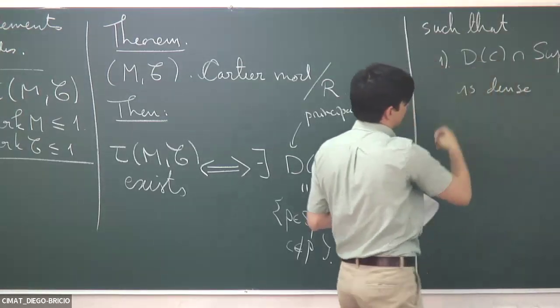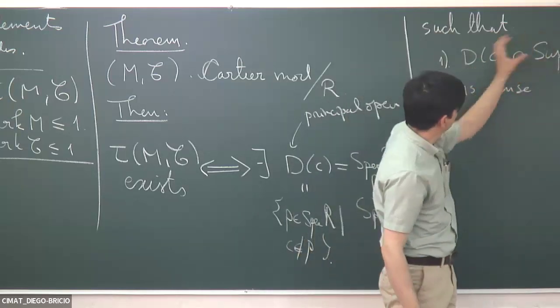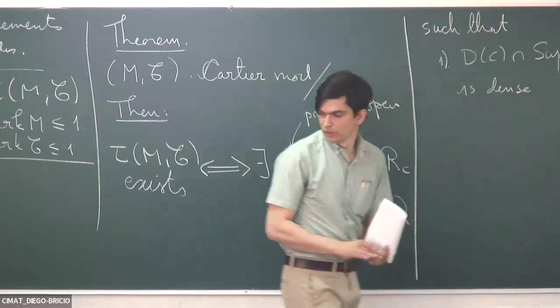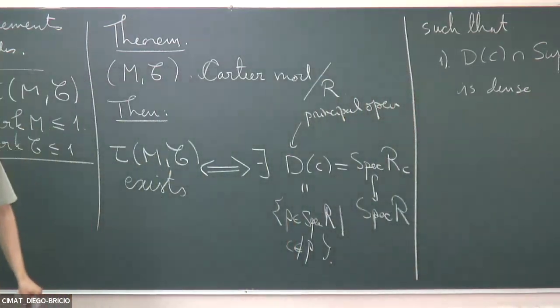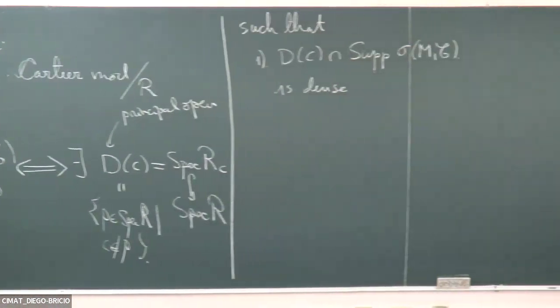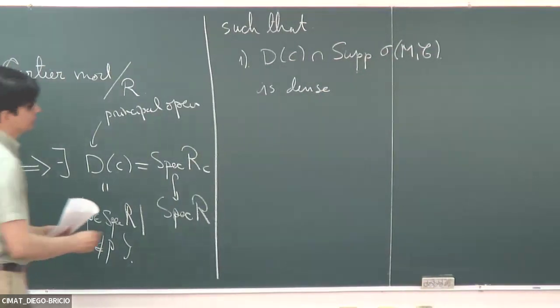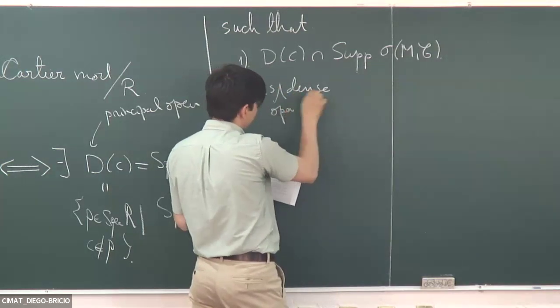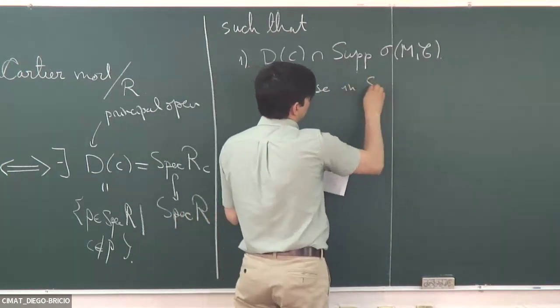Well, first of all, this is an open, right? So here I have a subspace, and I intersect it with an open that gives me an open, in the induced topology. So the support is closed, and so that gives me an open. So this is an open dense. The open is for free. What I'm saying here is that it's dense in the support.